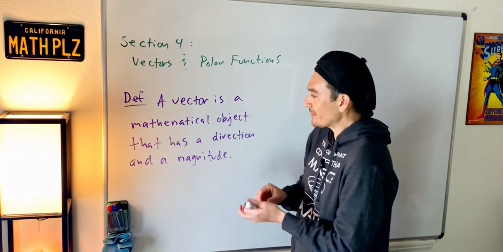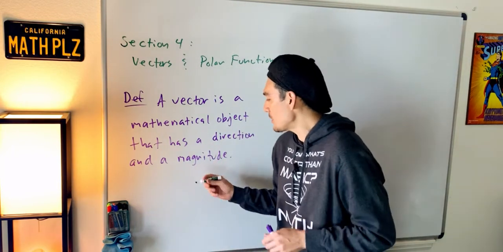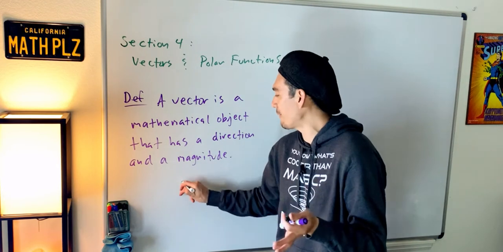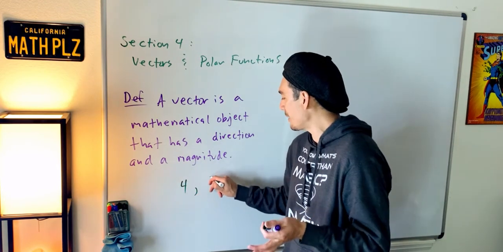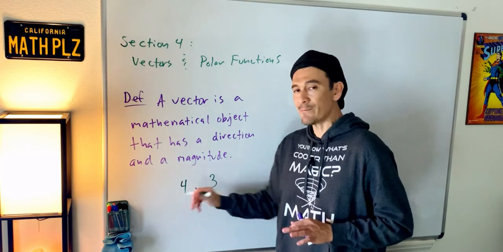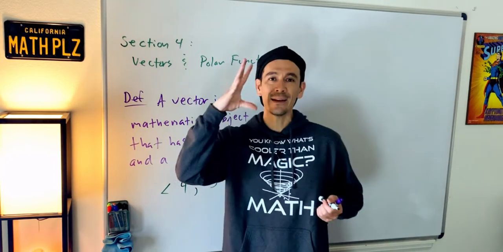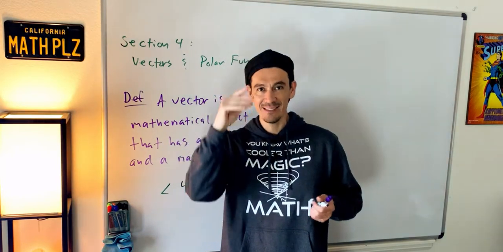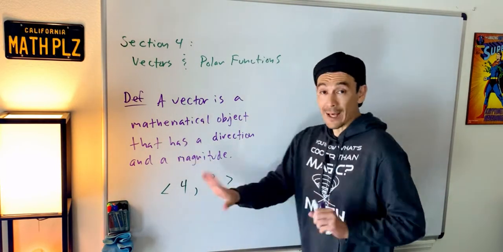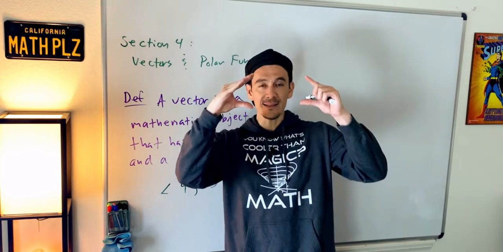You don't have to copy this if you just want to watch. Think of a couple of numbers, let's say 4, comma, 3. But instead of parentheses, I'm going to put little alligator mouths, sideways V's.